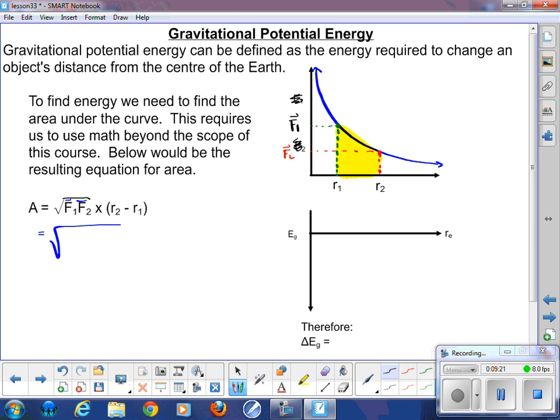Well, F1 is going to be GM over R1 squared. F2 is going to be GM over R2 squared. I'm just replacing them with the formulas on the previous page.